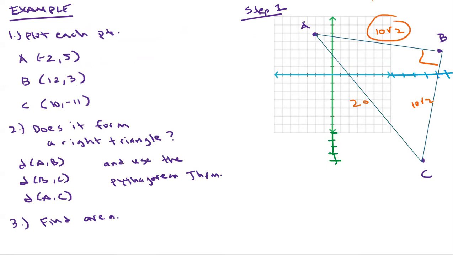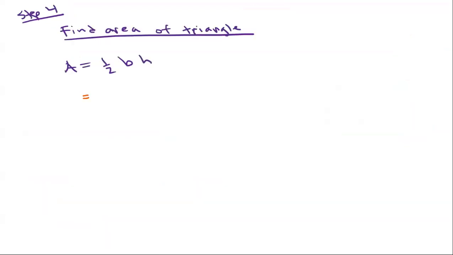So in this case, it's 10 radical 2 and 10 radical 2. They're attached to that right angle. So those are the two numbers I'm going to use to find the area of this triangle. We're going to have 1/2 times 10 radical 2 times 10 radical 2.